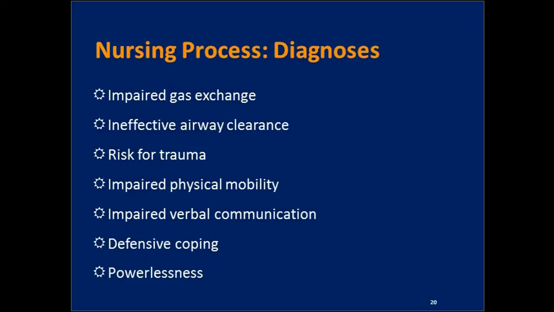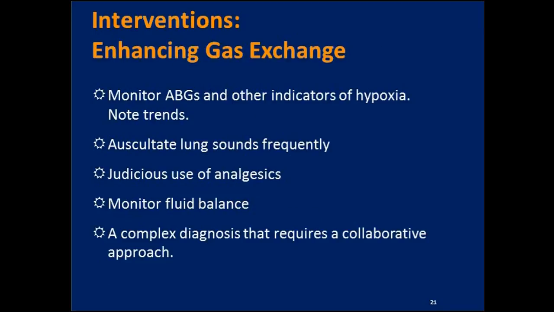So again, when you're working on those concept maps in clinical, if you have a patient who is on CPAP or BiPAP, here's a good list of nursing diagnoses that would be appropriate in that situation.